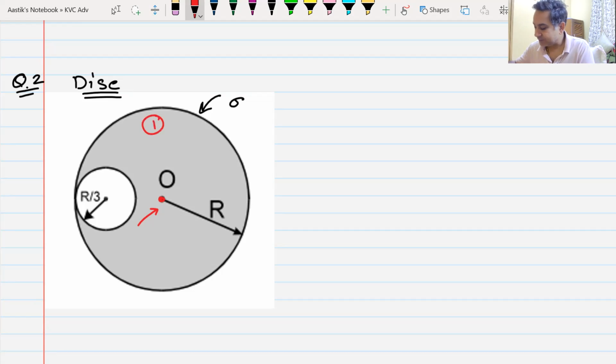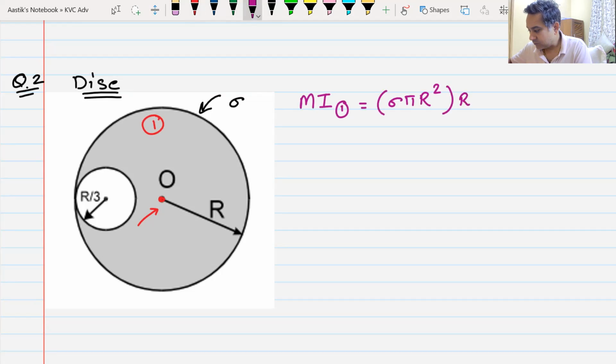This is disk 1, the complete disk without the hole. What is the moment of inertia of disk 1? mr square by 2. And m is how much? Sigma pi r square. So sigma into pi r square into r square by 2. This is the second disk.